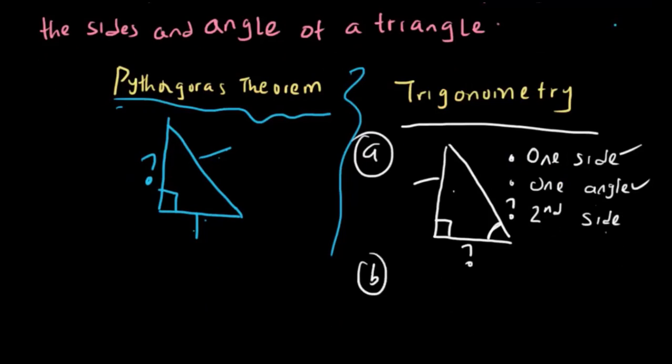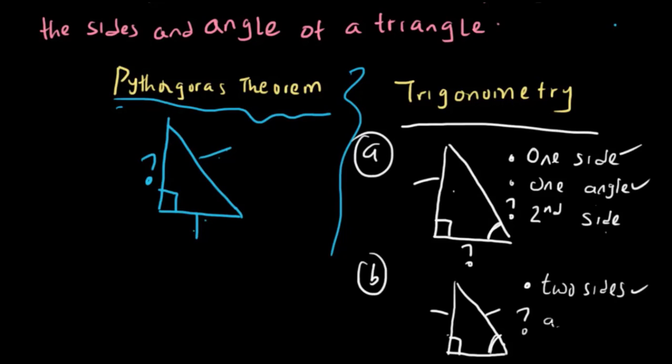Or still in a right angle triangle, but this time around, we know two sides, any two sides, and we are told to find an angle.